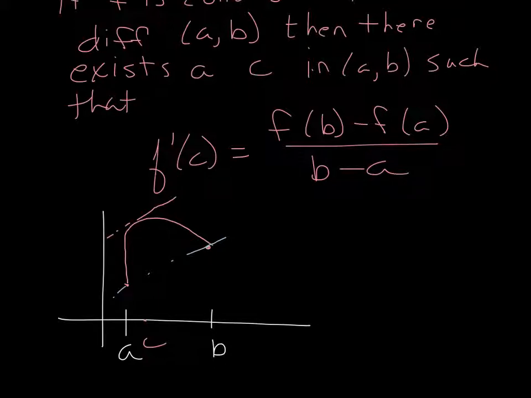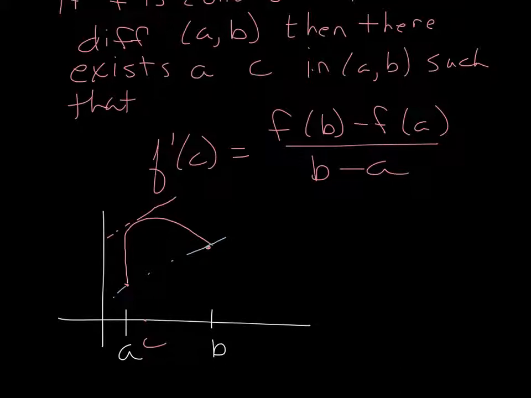Rolle's theorem really was the same thing, because what's the slope of the secant line if they have the same value? 0. And we were saying that there is some point in the middle whose slope is 0. So that's just a specific application of the mean value theorem. But we'll use the mean value theorem and refer to it a lot this year.